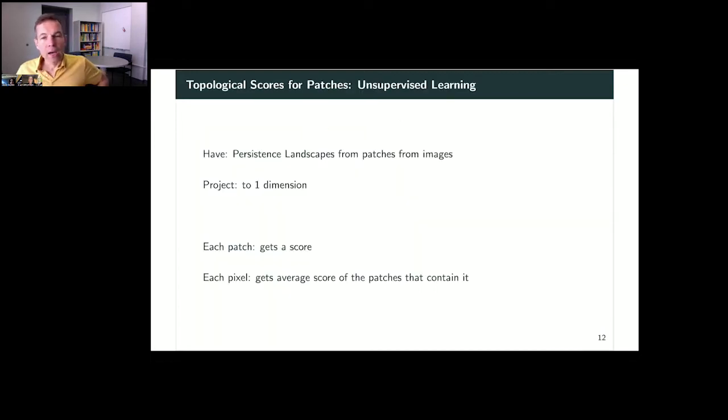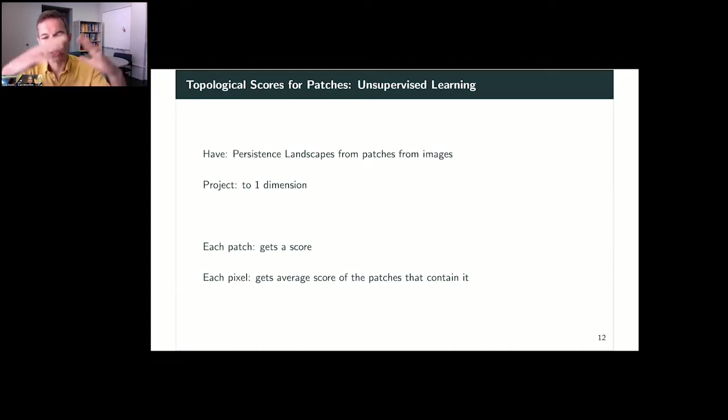All right, now we repeat this construction for many patches that cover the image. And the first thing that we did was something very simple, an example of something called unsupervised learning. So we have a moderate number of images. We have a large number of patches for each image. For each of those, we get a vector from the persistence landscape.